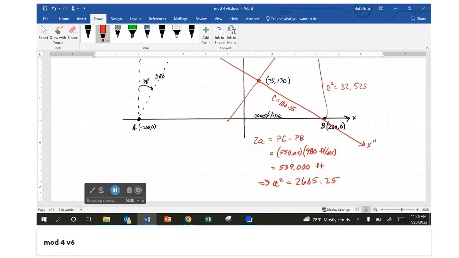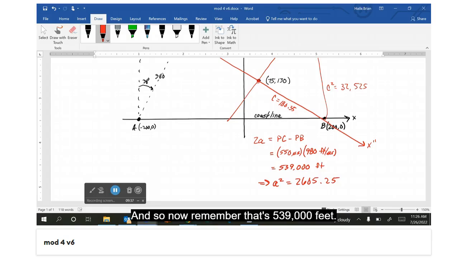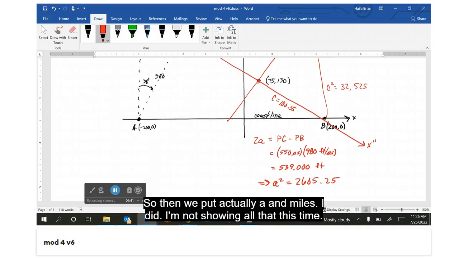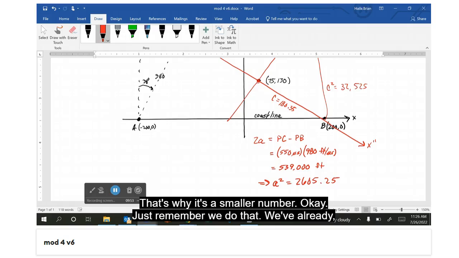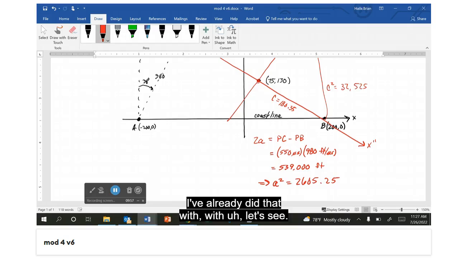Remember that's 539,000 feet, so then we put A in miles. I'm not showing all that this time, so actually this is A in miles squared. That's why it's a smaller number. Just remember we do that. I've already done that with C.